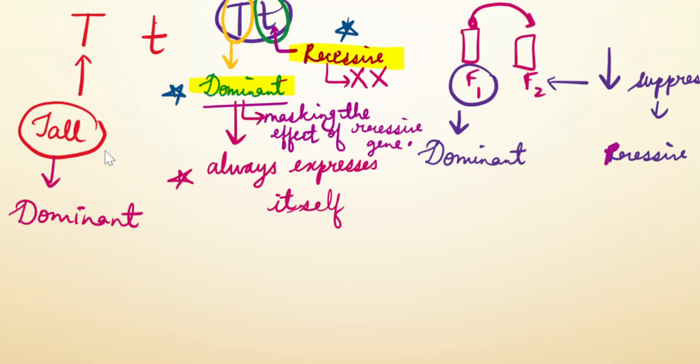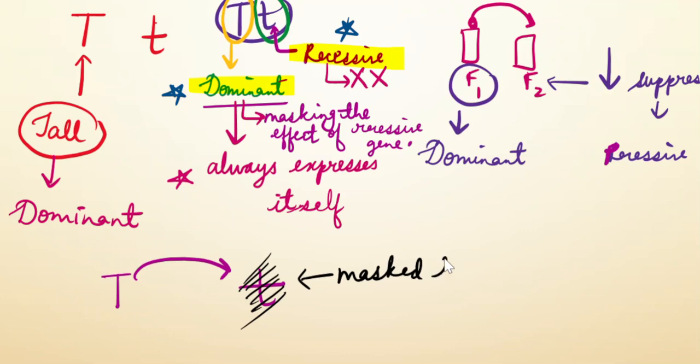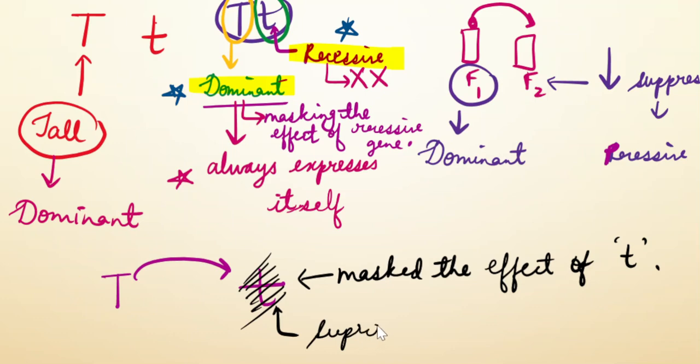So capital T is one allele and small t is another allele. This capital T will mask the effect of small t, which means small t will get suppressed. If it is getting suppressed, then it is known as recessive.